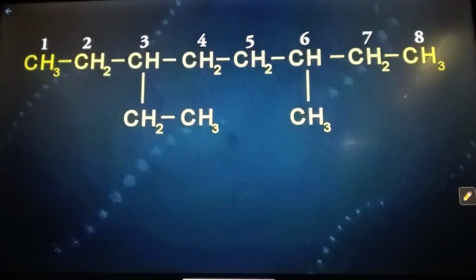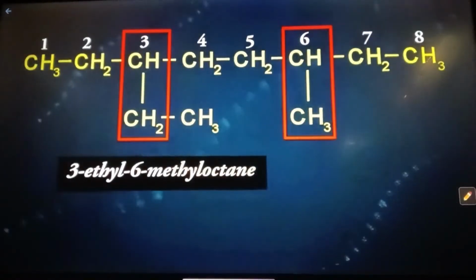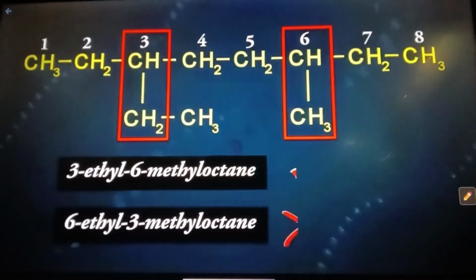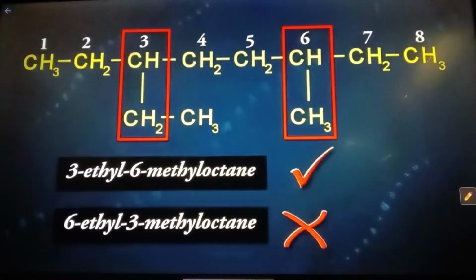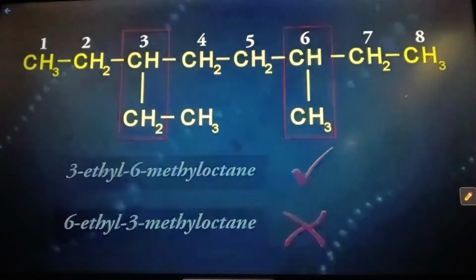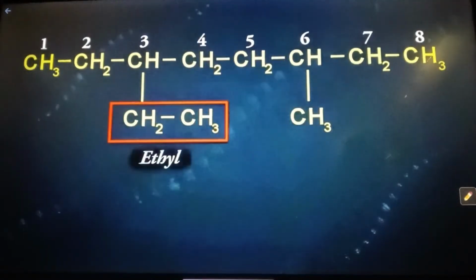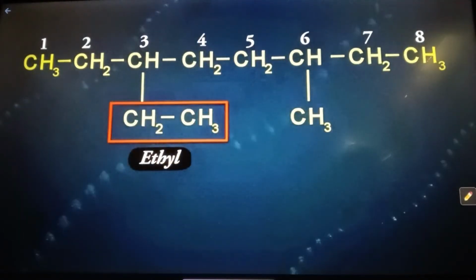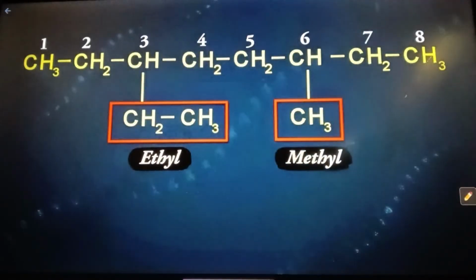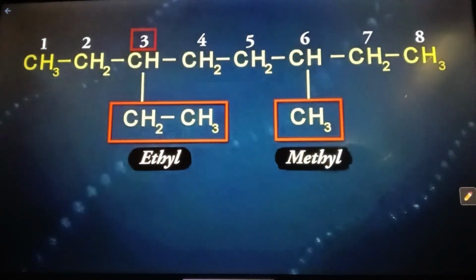Thus, the following compound is 3-ethyl 6-methyl octane and not 6-ethyl 3-methyl octane. So in this case, ethyl comes first in the alphabetical order as compared to methyl. Hence, ethyl has to be given a lower number.